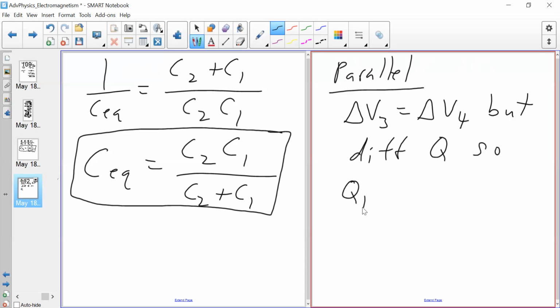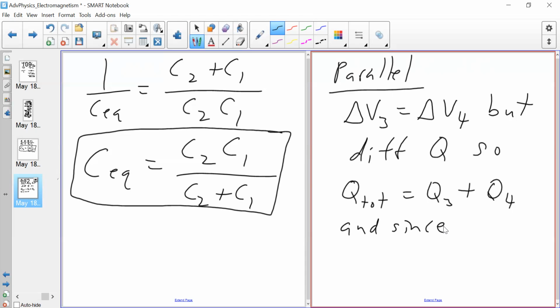So the total charge between those capacitors, Q3 and Q4, is going to be the sum. Both of those charges are different, so the total is the sum of the 2.